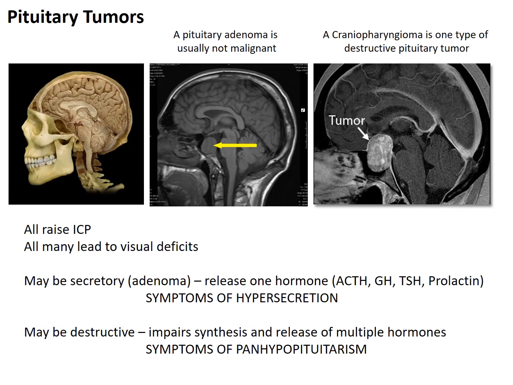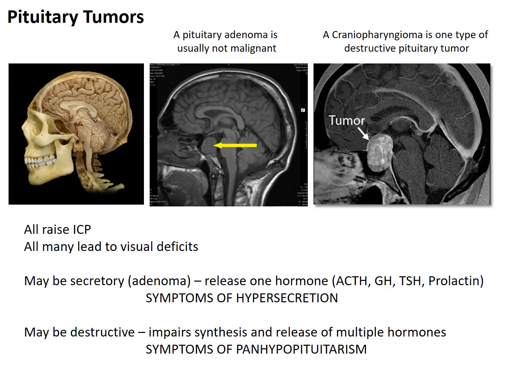Pituitary tumors we talked a little bit about in the endocrine section. Pituitary tumors can be secretory, such as a benign adenoma. And remember, those pituitary tumors can secrete typically one hormone of the anterior pituitary gland, such as TSH or ACTH or prolactin or growth hormone.